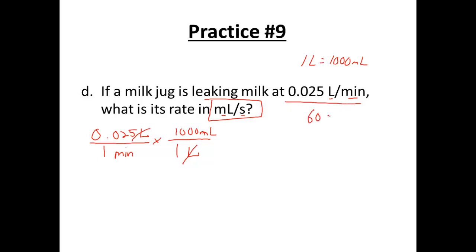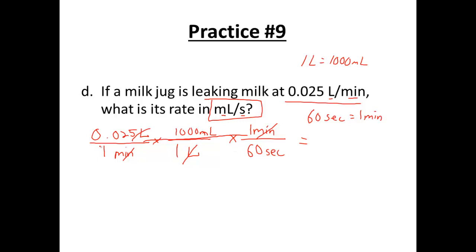Conversion there, 60 seconds equals 1 minute. Now we want to set that up so that our minutes can cancel. So 1 minute equals 60 seconds. Minutes cancel minutes. And if we were to think about this like one large fraction, numbers on top are multiplied, numbers on bottom are divided.